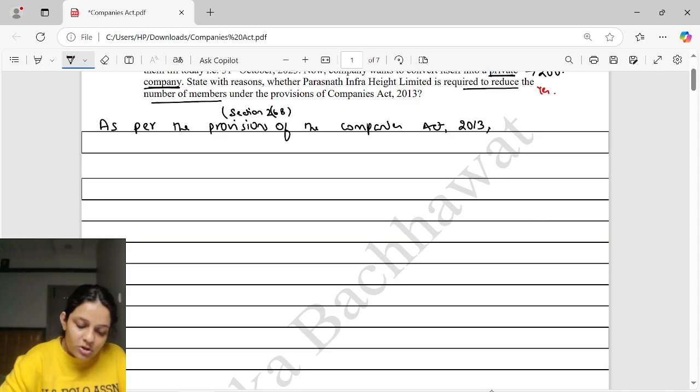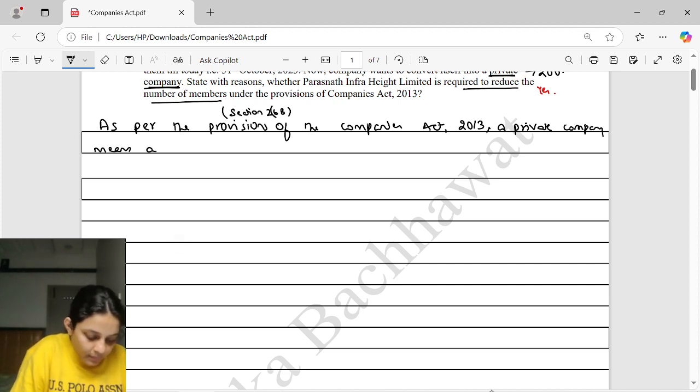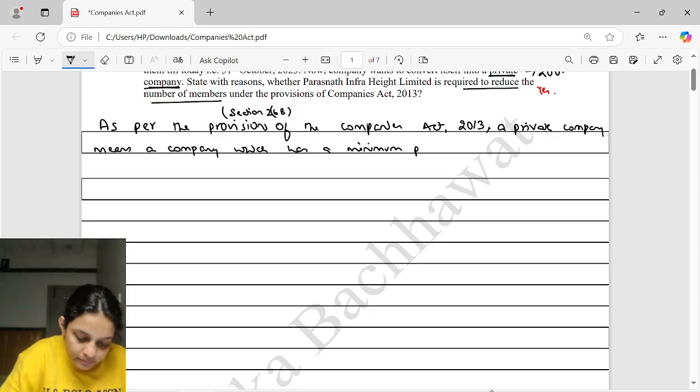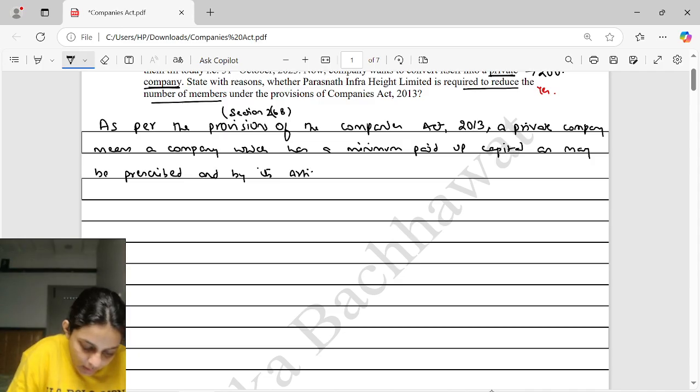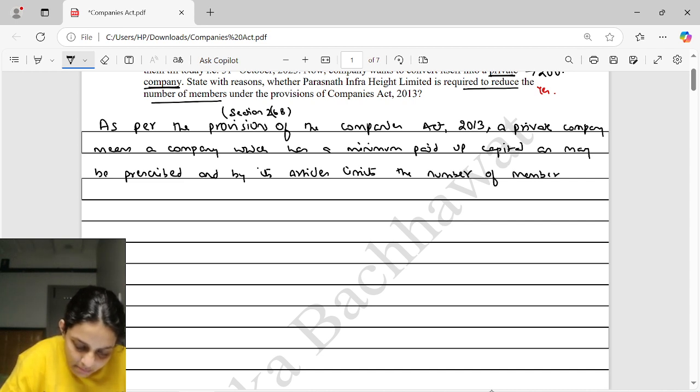As per the provisions of Companies Act 2013, a private company means a company which has a minimum paid up capital as may be prescribed and by its articles limits the number of members.